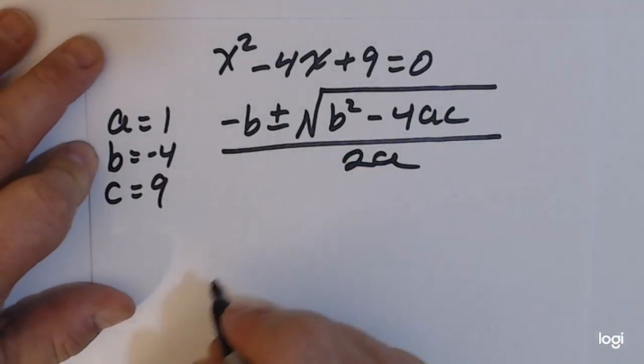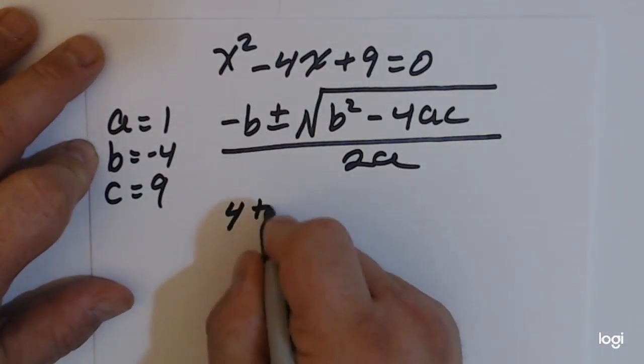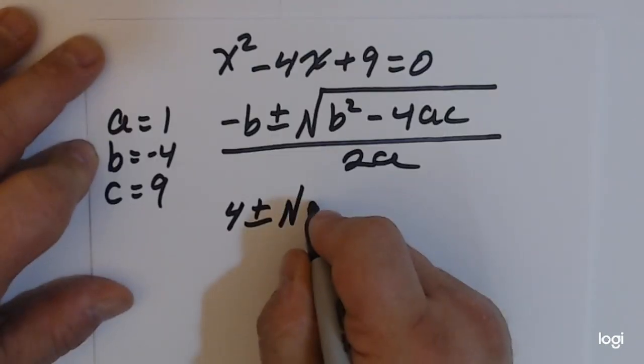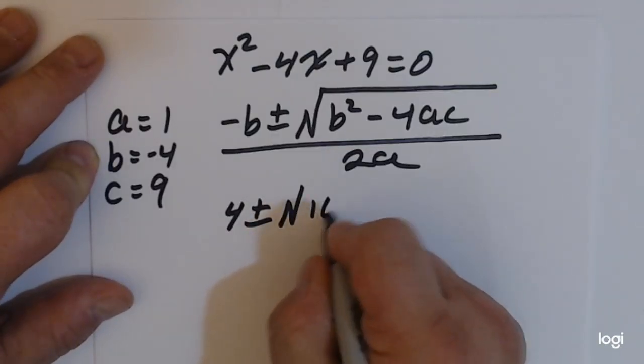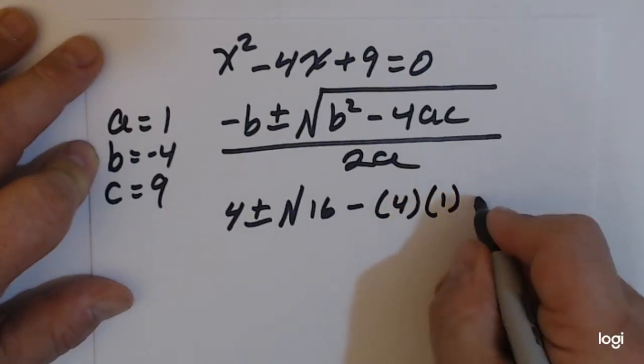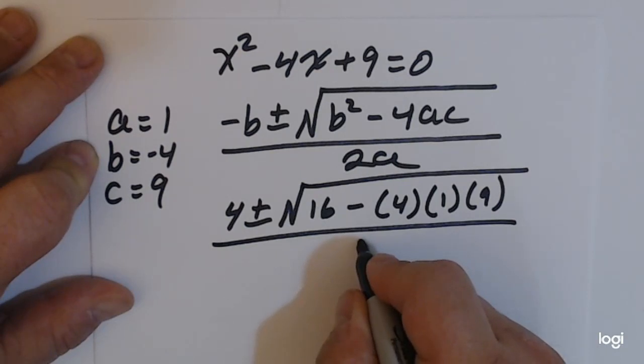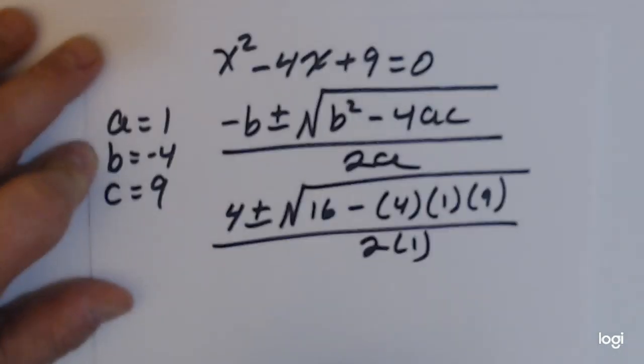Negative B would be negative 4, which would be plus 4. So 4 plus or minus the square root of, well, let's see, negative 4 squared is 16. Minus 4 times 1 times 9.